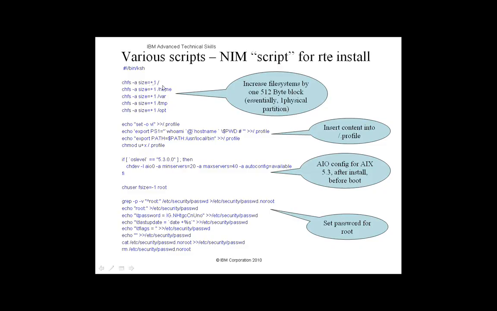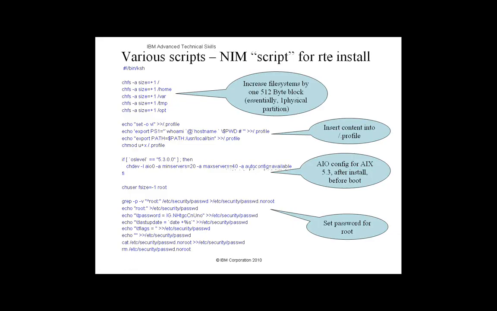And you see me bumping up all the file system sizes by one block. I'm setting some content for root's .profile. If OS level is 5.3, then I'm going to do a chdev on asynchronous I/O, chdev -l aio0, and I'm setting some values in there. Yours might be different. The key thing here is autoconfig equal available.